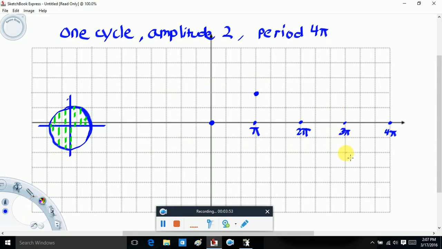and then finally it approaches 0. Which is right here. So now we just draw a smooth curve between these points.